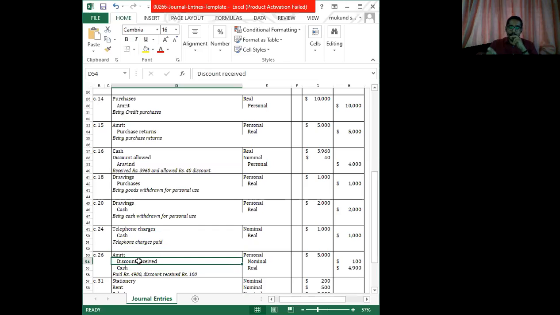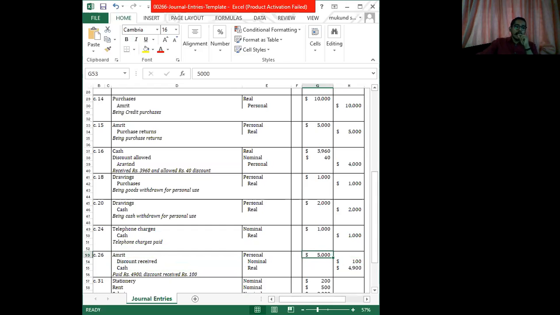So when it comes to the golden rule of nominal account, we are crediting all incomes and gains. That's why we are crediting discount received. And why are we crediting cash? Because cash is flowing out from our business. We are paying 4,900. Okay, so amount comes like 4,900, 100 and 5,000. We are closing that account.